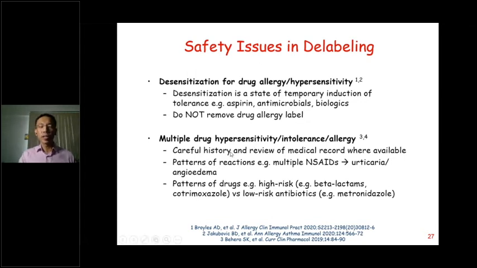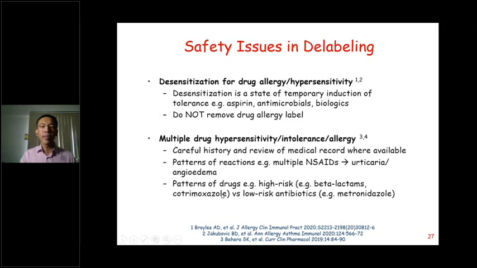So what about this phenotype called the multiple drug hypersensitivity or intolerance or allergy patient? These patients are rare, but they do exist. So it's very important to take a very careful history and review all the available medical records for patients who come to us with a list of 5 to 10 drugs that they are deemed allergic to. Because sometimes you'll find that in these 5 to 10 drugs, there may be patterns of reactions which may suggest that these are just multiple NSAID reactors, and the patients develop the same phenotypic reaction each time: urticaria, angioedema, bronchospasm.